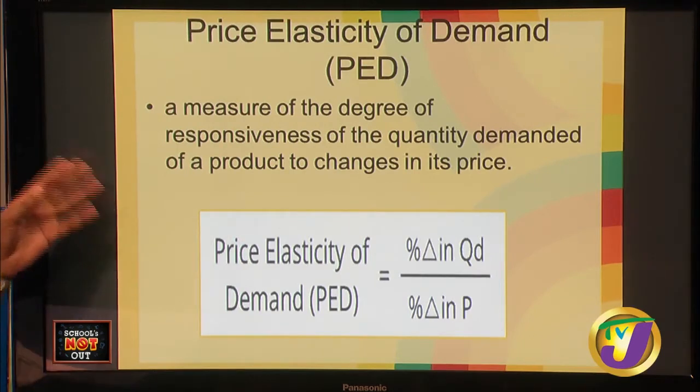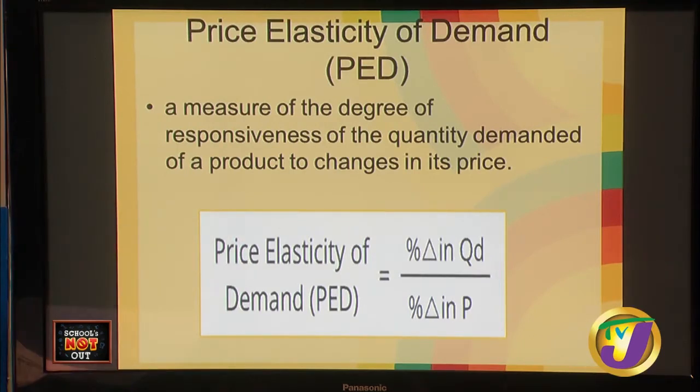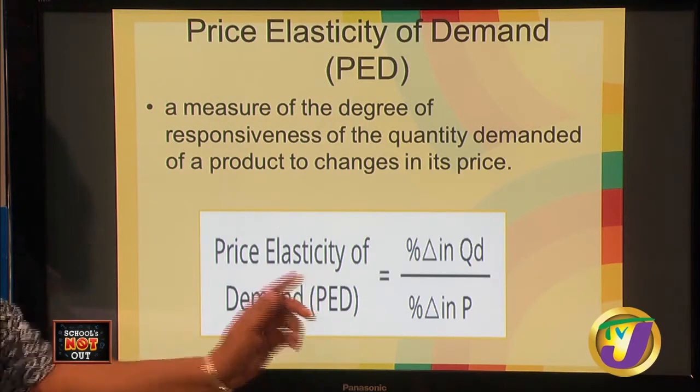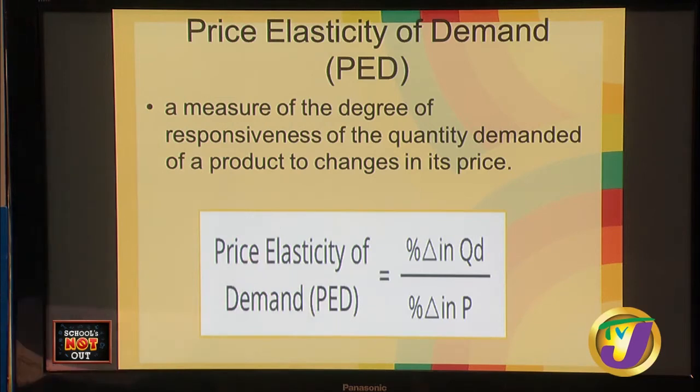Now, price elasticity of demand measures the degree of responsiveness or sensitivity of quantity demanded of a product to changes in its price. And this is the formula. It is calculated as the percentage change in quantity demanded over the percentage change in price.